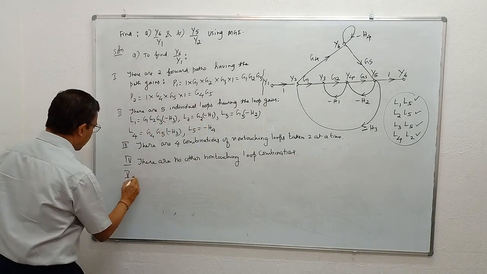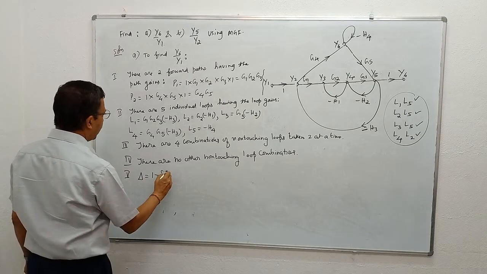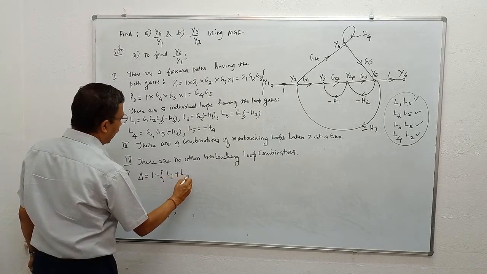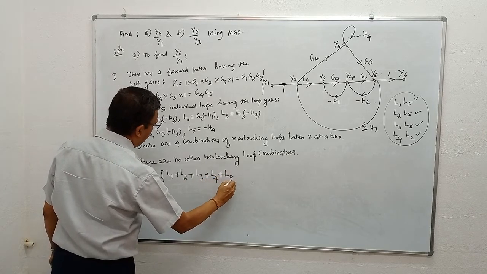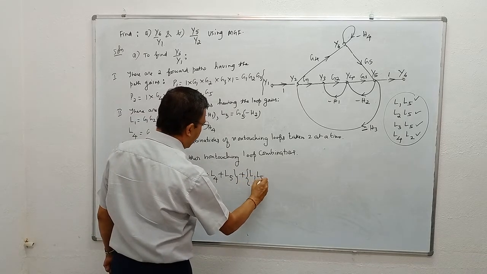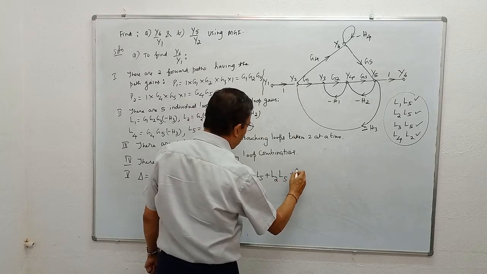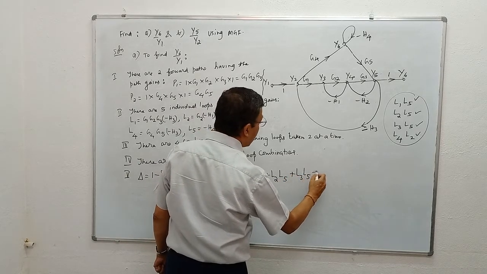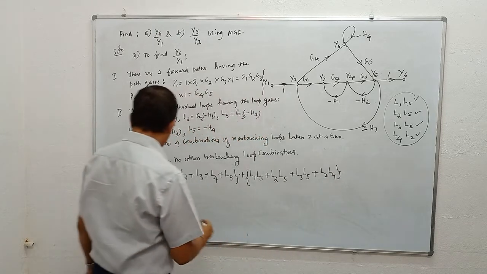Fifth step, determinant of the signal flow graph delta is equal to 1 minus L1 plus L2 plus L3 plus L4 plus L5 plus L1 L5 plus L2 L5 plus L3 L5 plus L2 L4. Substitute the values.